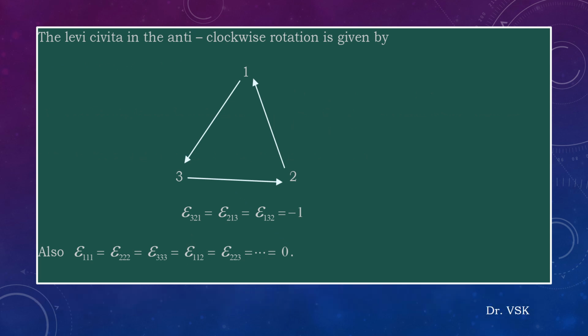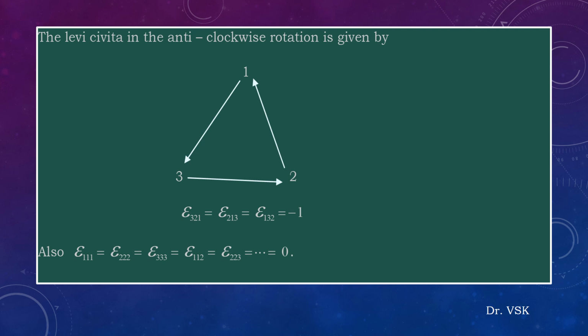In the anti-clockwise direction, if we consider the numbers 1, 2, 3 on a circle, we have to write the values of the Levi-Civita epsilon suffix ijk. If we start at 3 and go to 2 and then to the number 1 in the anti-clockwise rotation on a circle, we have epsilon suffix 321 equal to -1.